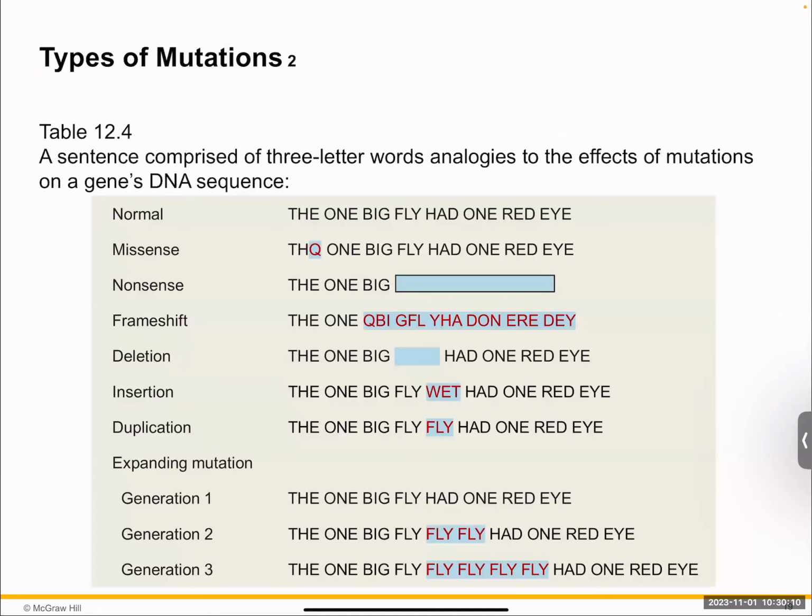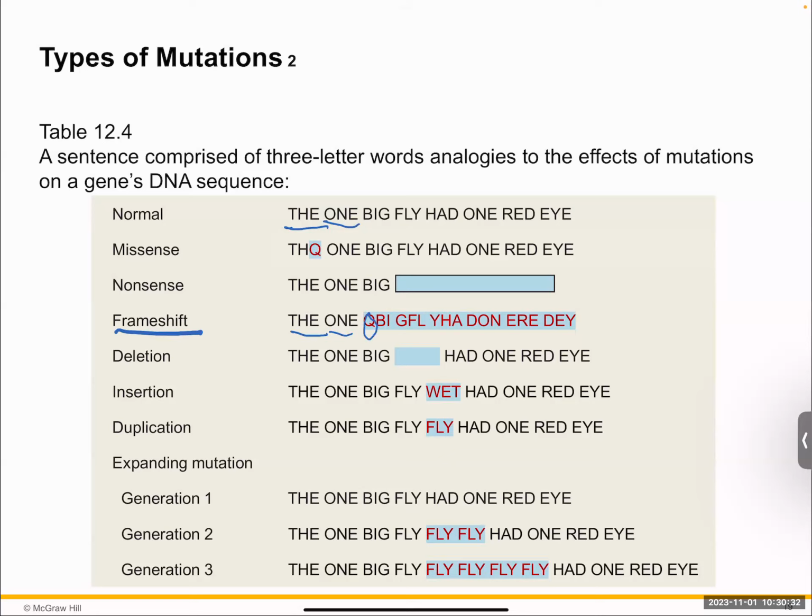So here is basically what I'm talking about. Frame shift right here. This is the example I told you to go back to. The first 3 is the same. The second 3 is the same. And now instead of having BIG, I have a Q in its place.